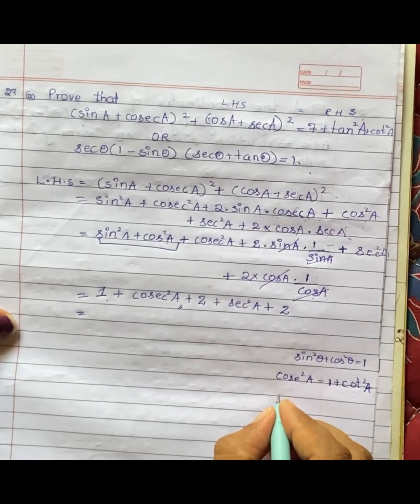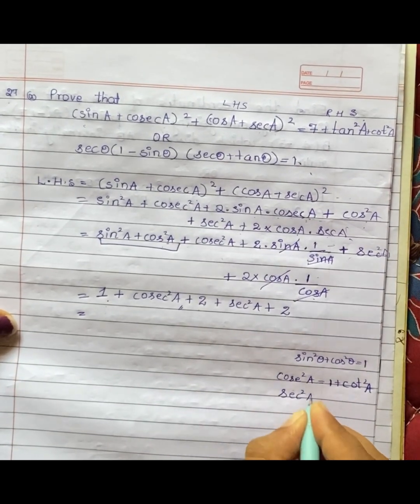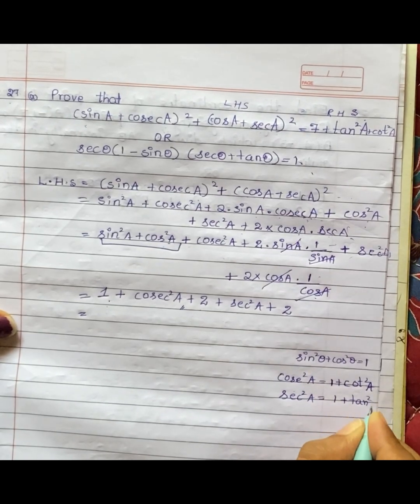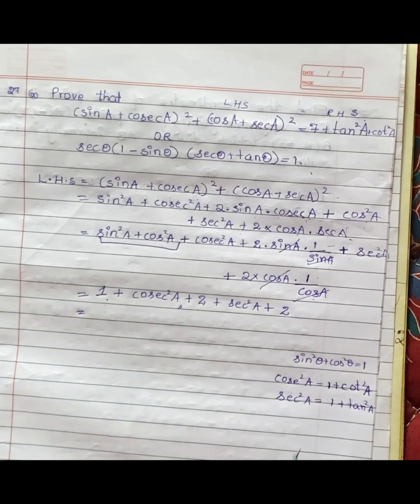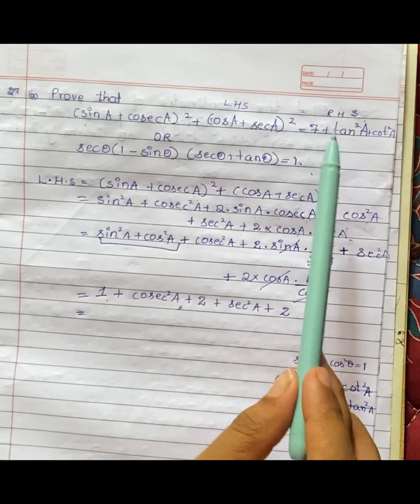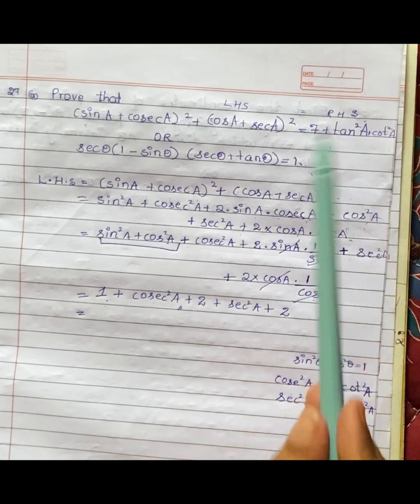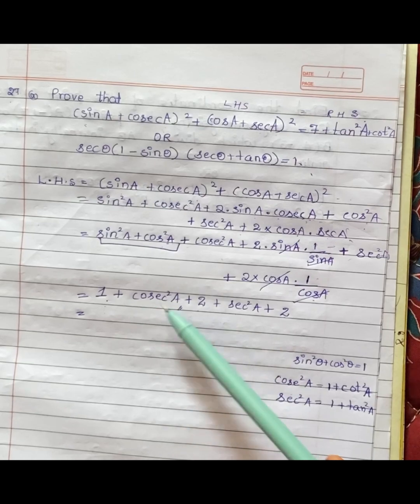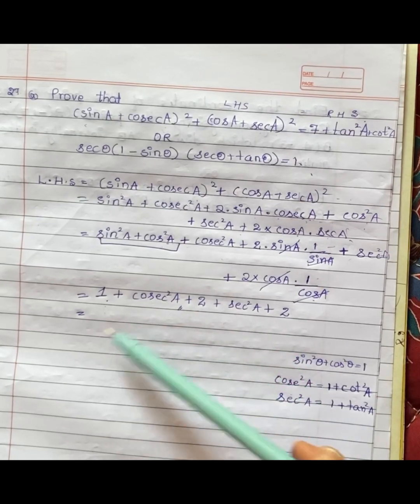Next is secant squared A. Instead of secant squared A, we have 1 plus tan squared A, because in the RHS we need to get this answer, that is tan squared A plus cot squared A. So whatever we have over here, we have to make sure we get either tan and cot in the equation.